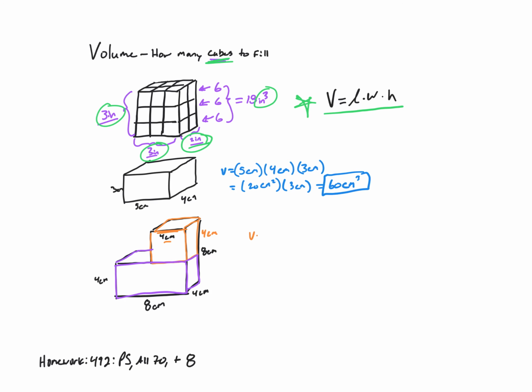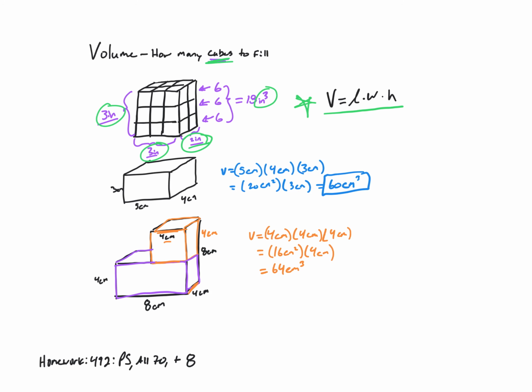The volume of the orange one is 4 centimeters, the width, times 4 centimeters, the depth, times 4 centimeters, the height. 4 times 4 is 16 centimeters squared, times another 4 centimeters gives us 64 centimeters cubed. That's the volume of this orange piece up here.